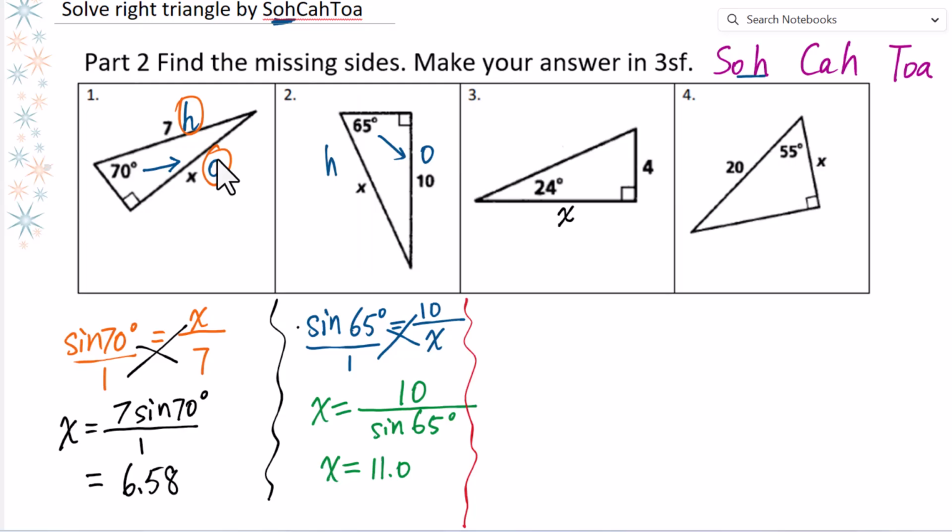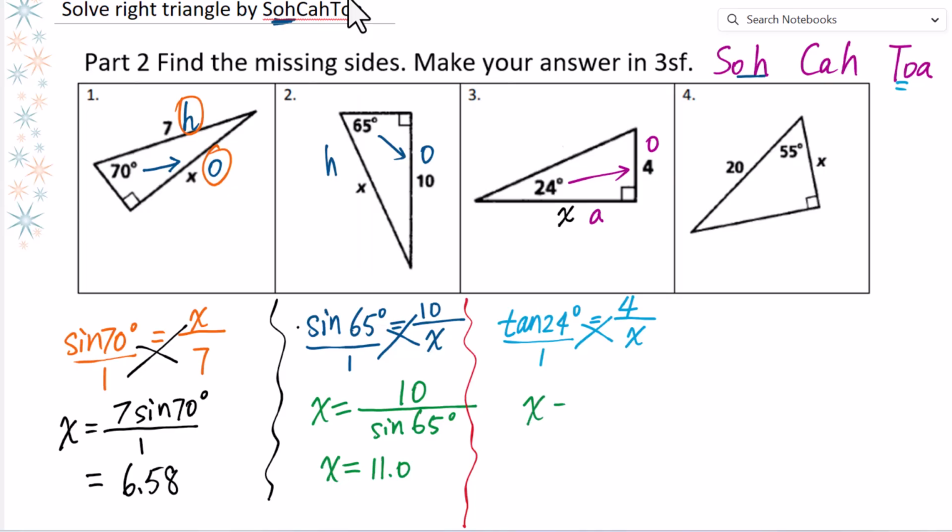Let's go to question 3. Label the sides: cross, opposite. The other leg is adjacent. OA goes to tangent. Tangent 24 degrees equals O over A is 4 over X over 1, cross multiply.